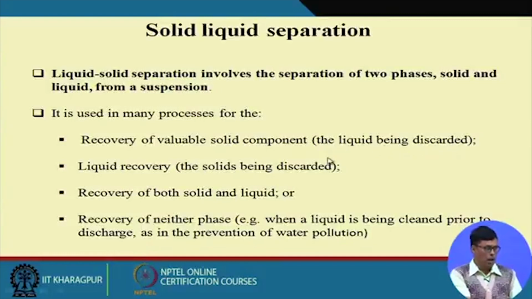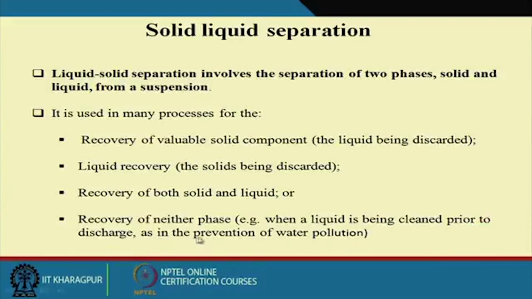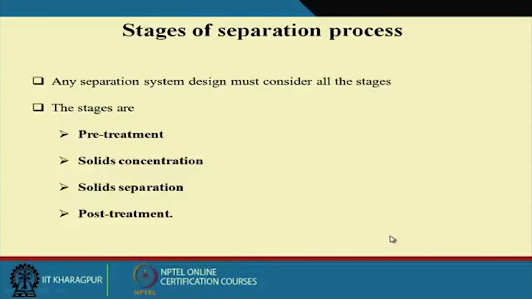So you have two different cases: recovery of valuable solids with the liquid discarded, or recovery of the liquid with the solid discarded. In some cases recovery of both solid and liquid is required, or recovery of neither phase, as when a liquid is being cleaned prior to discharge, as in the prevention of water pollution. So this is how it is done.